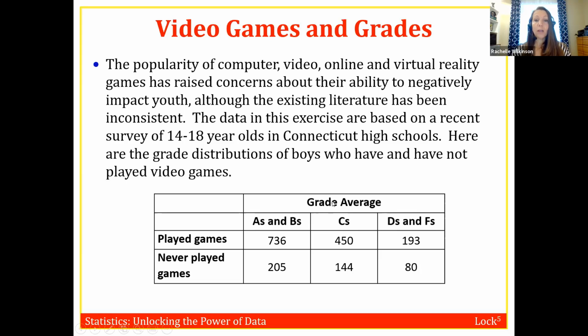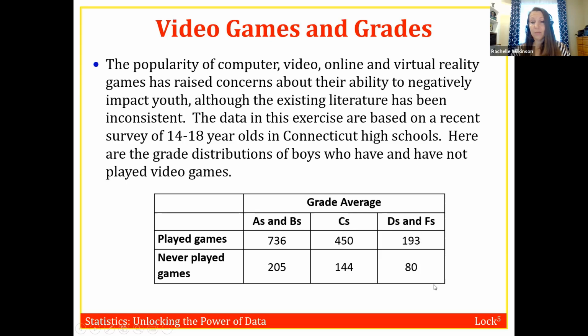In a two-way table, we basically have two categorical variables, one represented by the columns and the other represented by the rows. As we look at this data, we can see there's lots of things we could be comparing. We could compare the proportion of kids who get A's and B's for kids who played games or who've never played games, or we could compare the kids who got D's and F's.